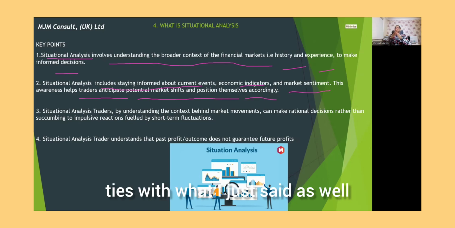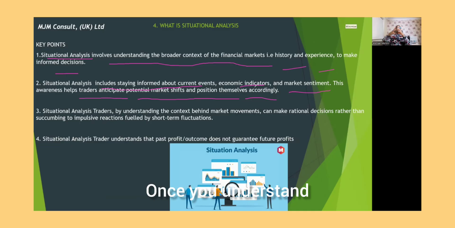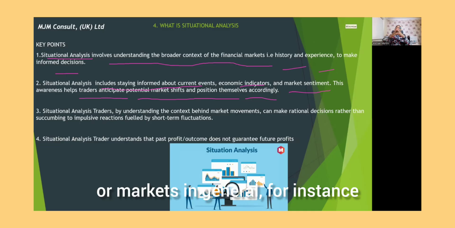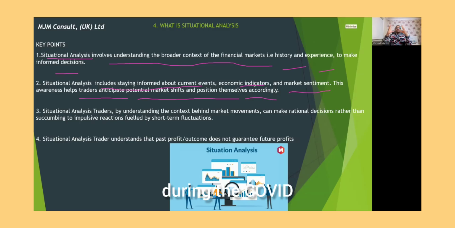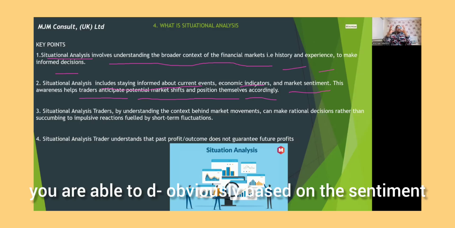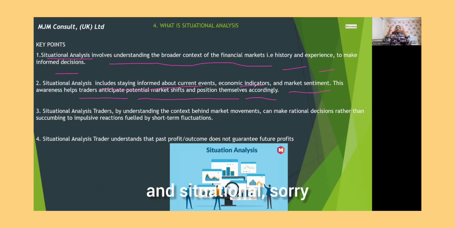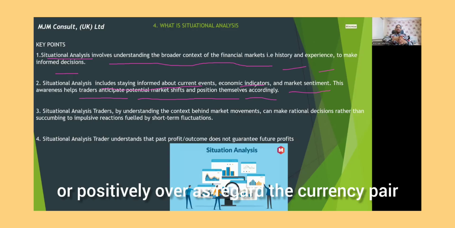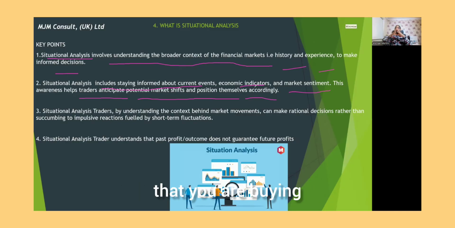It ties in with what I just said as well. Once you understand what's going on economically or in markets in general, for instance during COVID, you are able, based on the sentiment and situation, to say that the market is going to react negatively or positively as regards the currency pair that you are buying or selling.